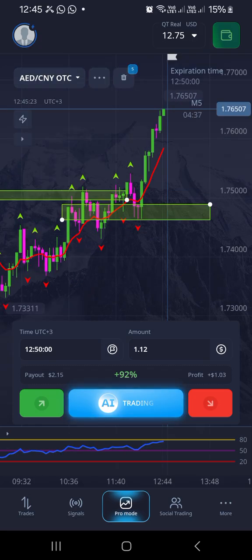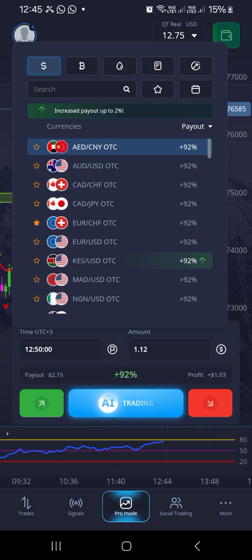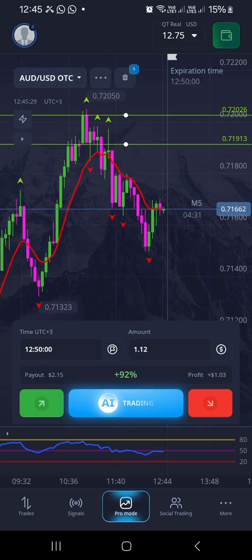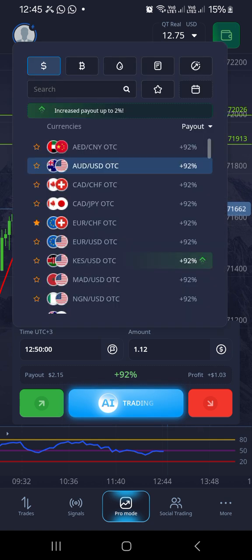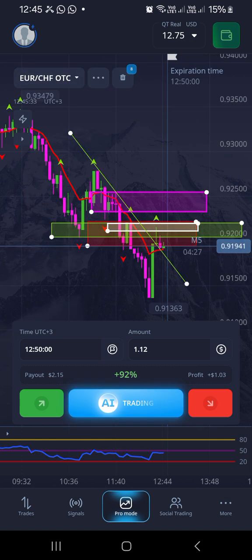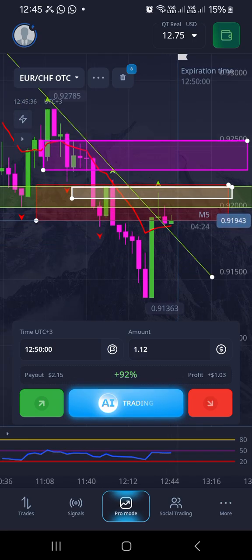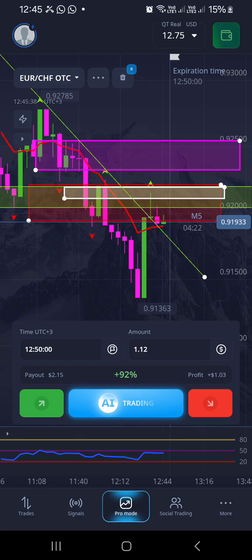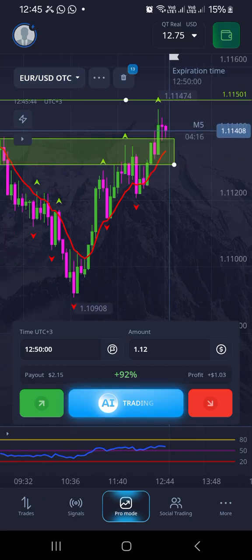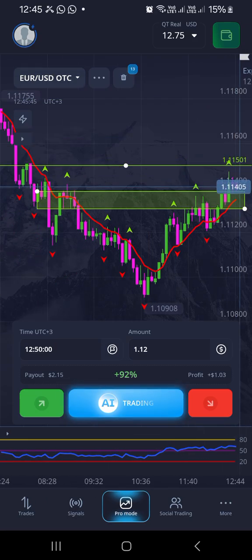Guys, there's no opportunity, I feel. Oh my god, guys, see how beautiful this trade was. Remember, this trade we analyzed and we missed the entry. Guys, I think I will stop here.